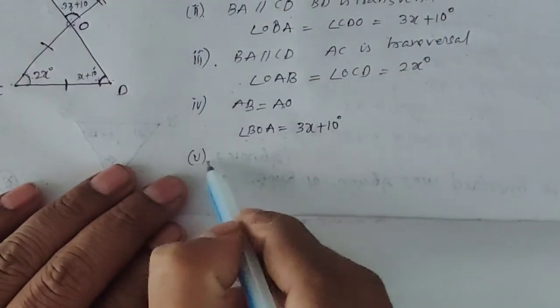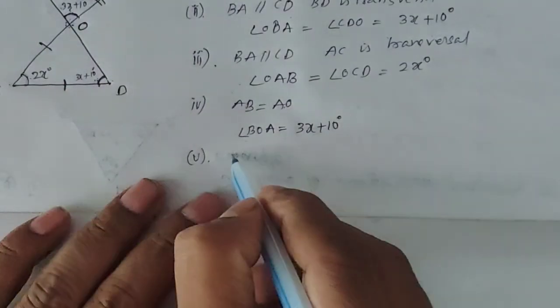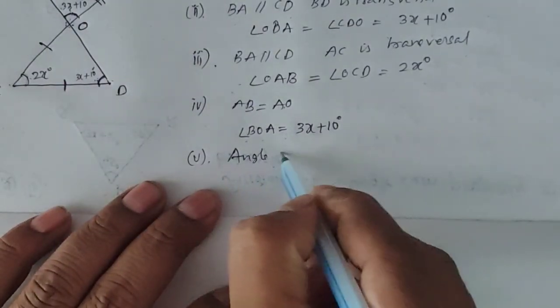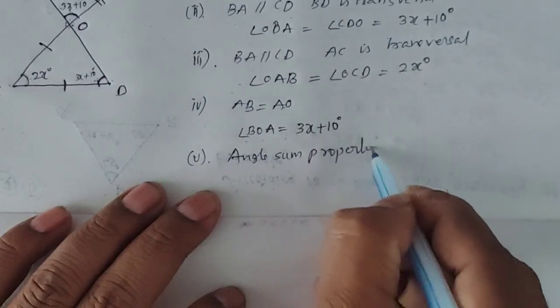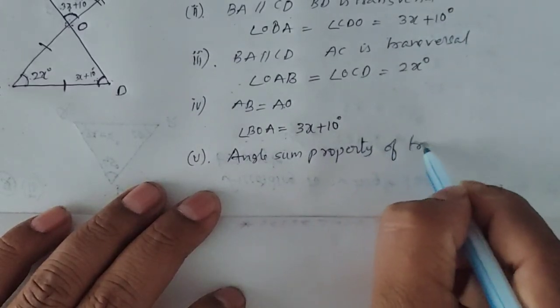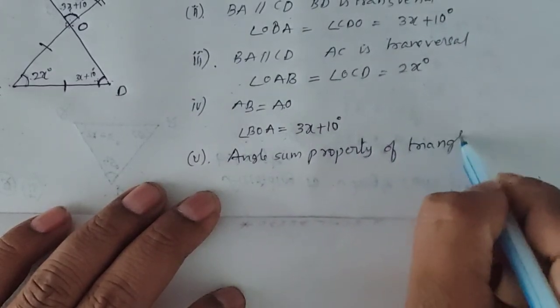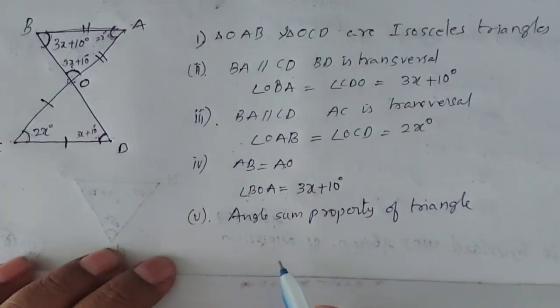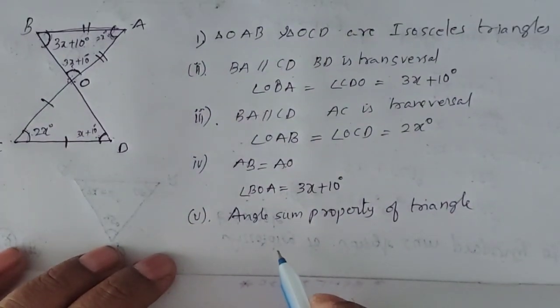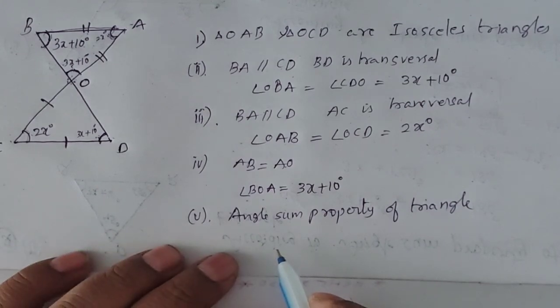Now the fifth point is that we have to use the angle sum property of a triangle. So what is the angle sum property? The sum of all the angles in a triangle equals 180 degrees.